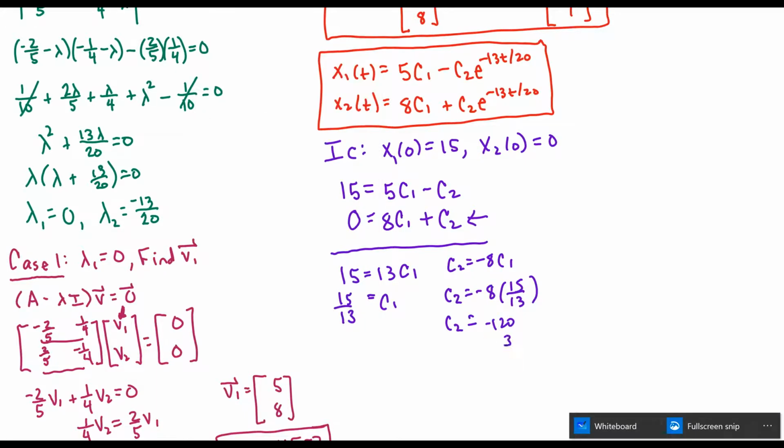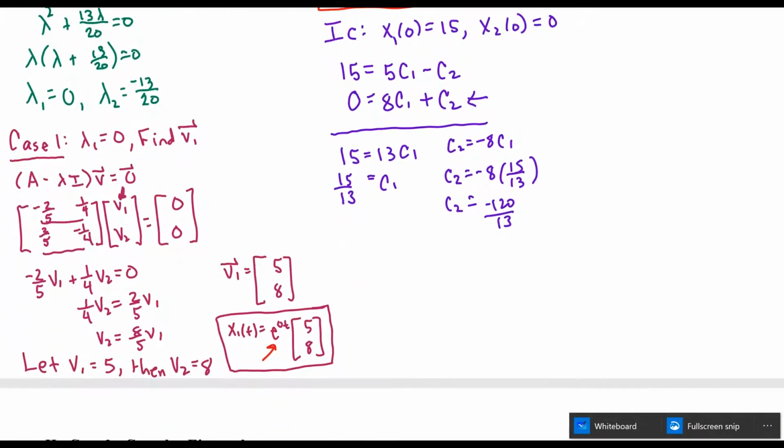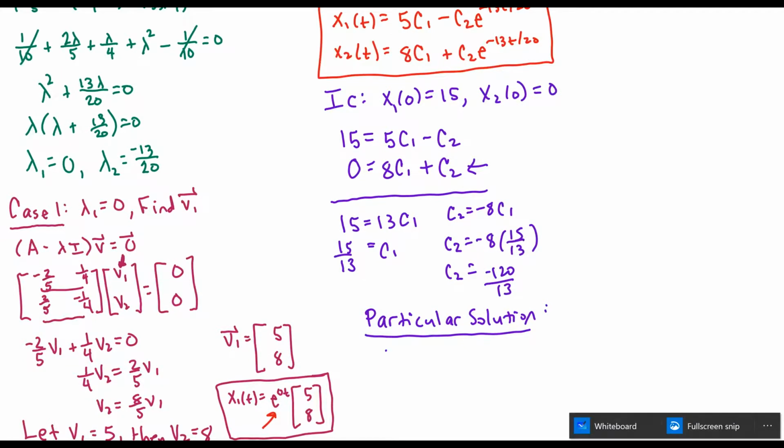Therefore, our particular solution to the original problem is now x sub 1 of t equals 5 times c1, that's 75 over 13, minus c2, or plus 120 over 13, e to the negative 13t over 20.